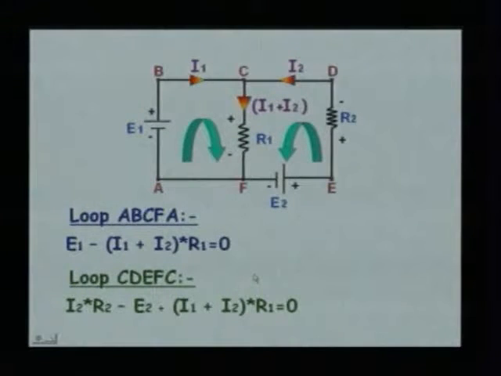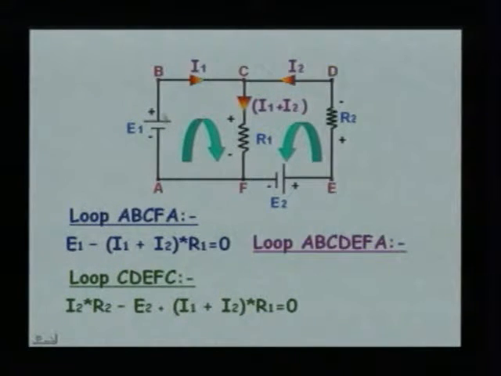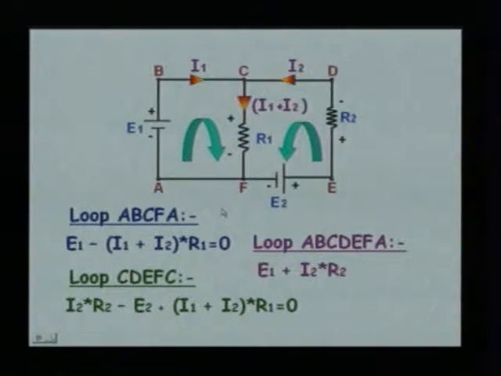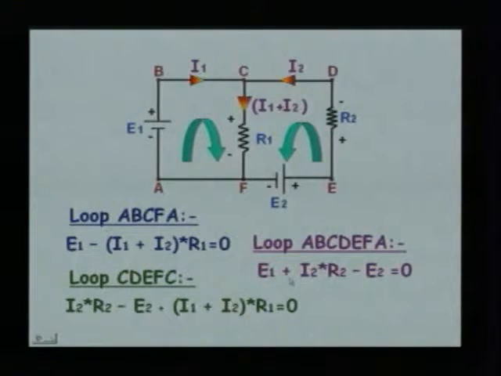Now, let us write down the other loop equation, that is, loop ABCDEFA. We have got the equation as E1 plus I2 R2 minus E2 is equal to 0. From A to B we have got E1, we are moving from negative to positive, so it should be a positive sign. From B to D we have got no components.